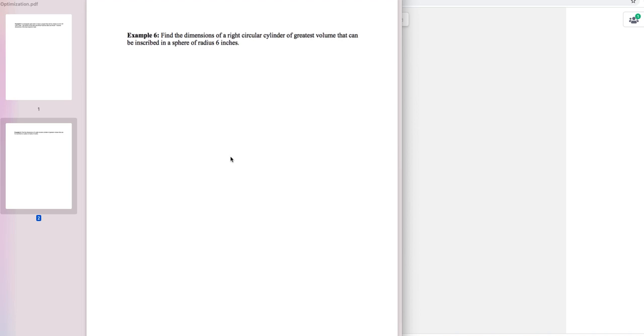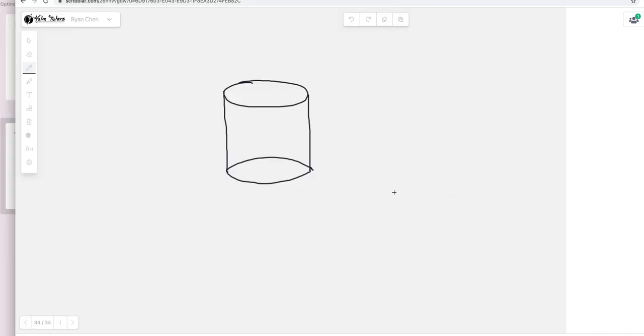Find the dimension of a right circular cylinder of greatest volume that can be inscribed in a sphere of radius 6. Not that it's a huge problem, but I drew this first when I should have drawn the sphere first and then put the cylinder in it. Okay, got it.